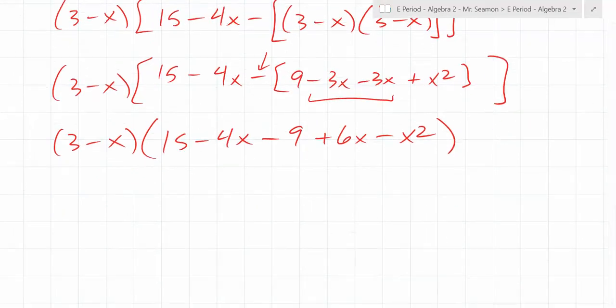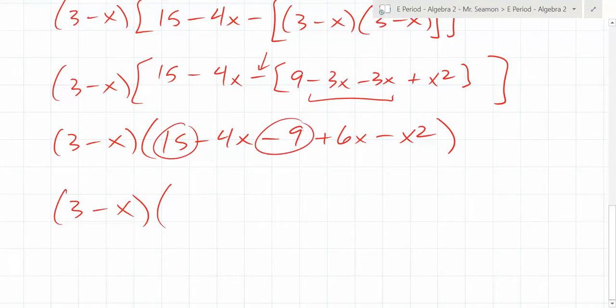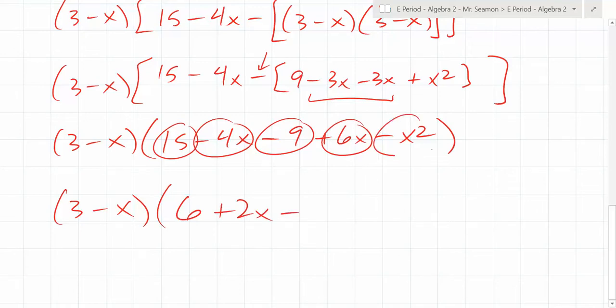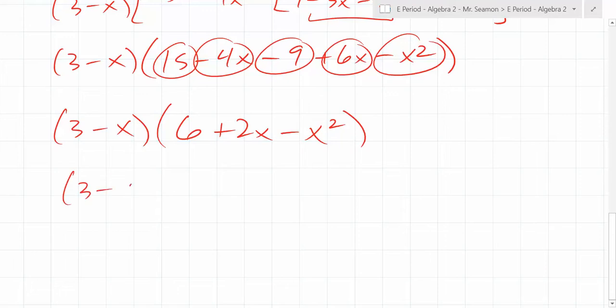Now, can we clean that up a little bit? 3 minus x, and what do we have here? We have 15 and minus 9. What's that become? 6. We have minus 4x and 6x. What's that become? Minus x squared. Now, we have 3 minus x, and we have negative x squared plus 2x plus 6.